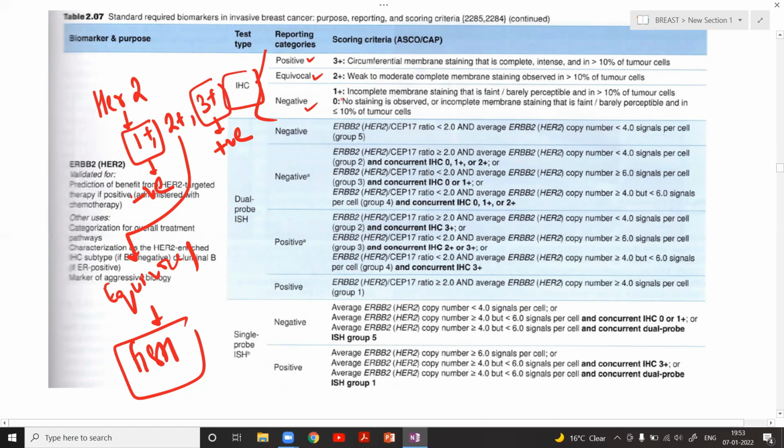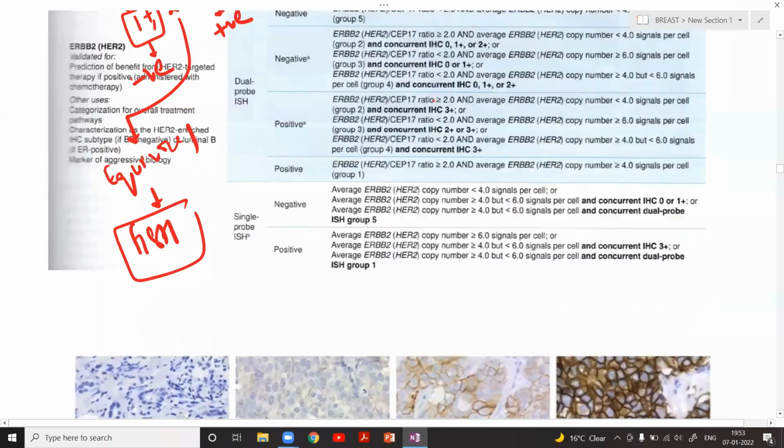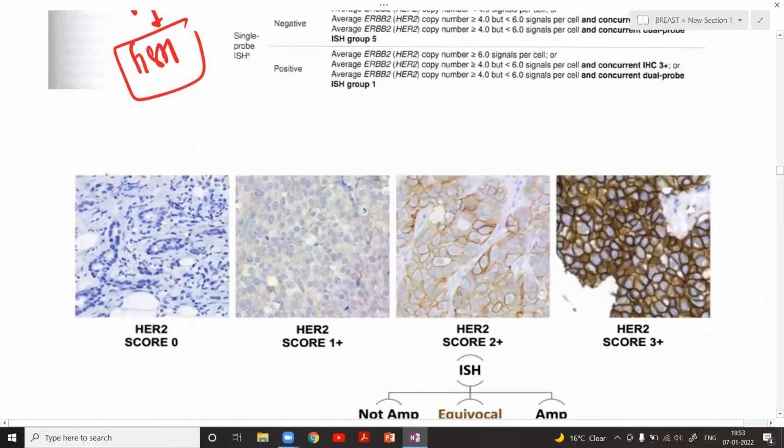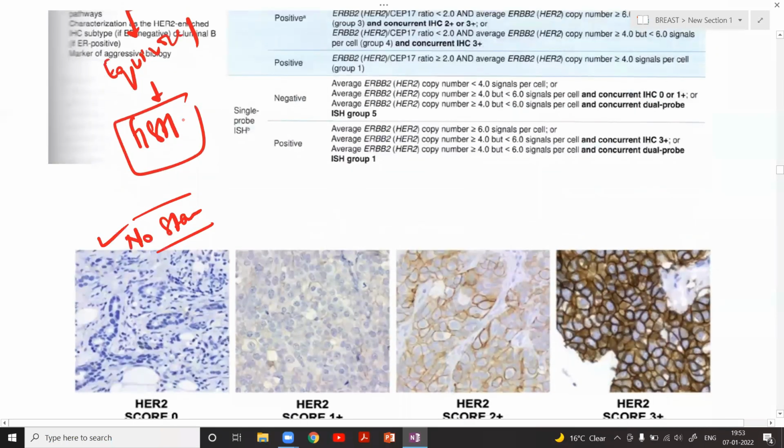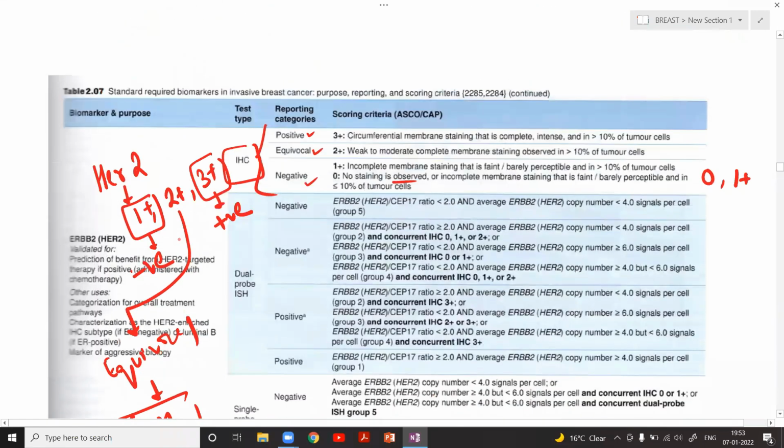So what is your negative scoring? Score 0 and 1 plus are negative. What is score 0? When no staining is observed at all, or incomplete membrane staining is present in less than 10% of the tumor cells, then it is score 0.